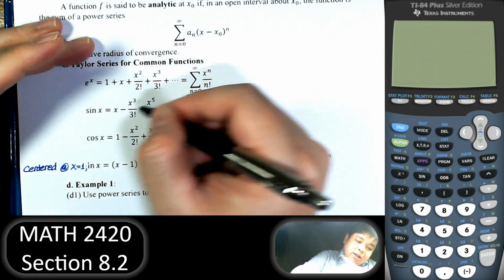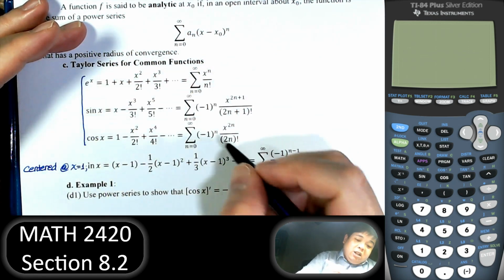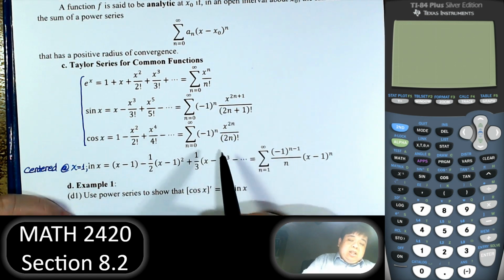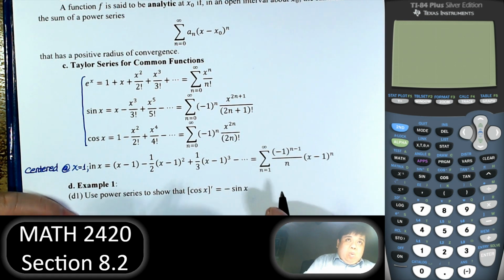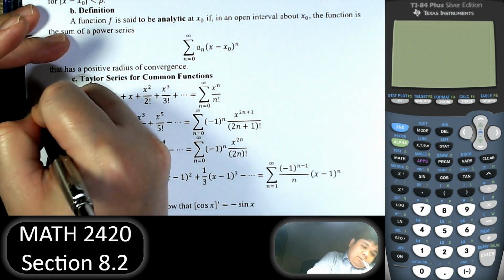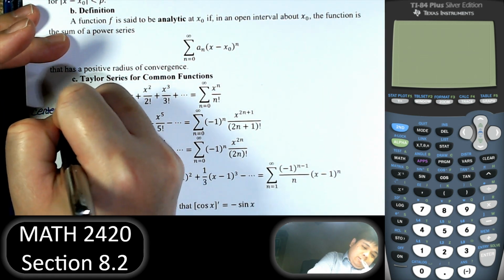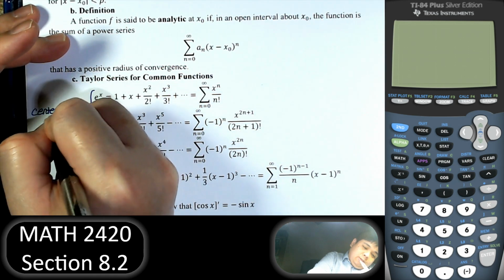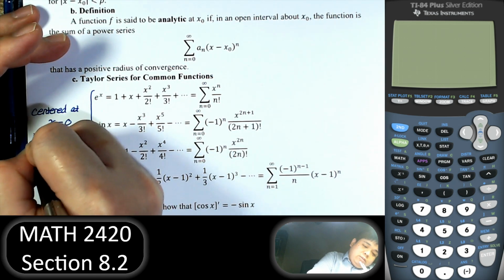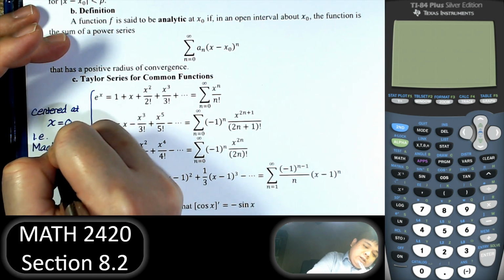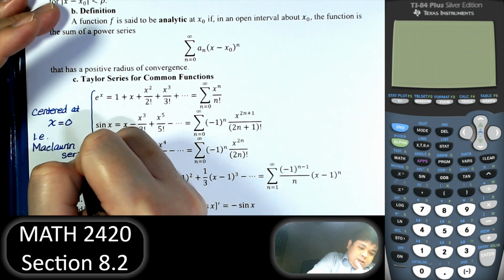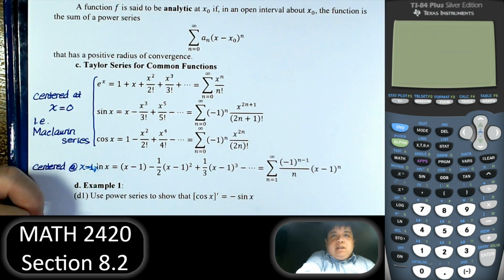And all of these are centered at x equal to 0, or we call these Maclaurin series, Taylor series centered at 0. Right, so those are common series.